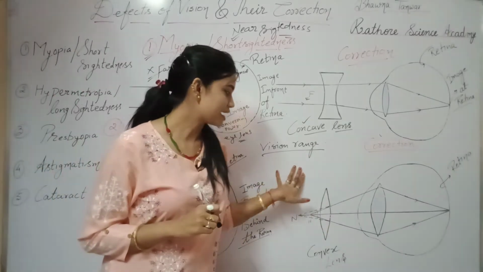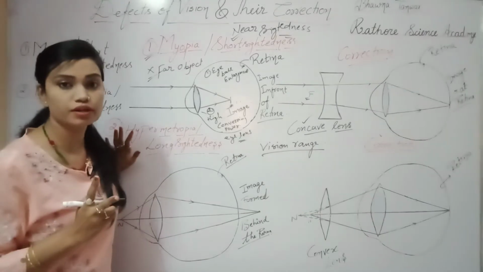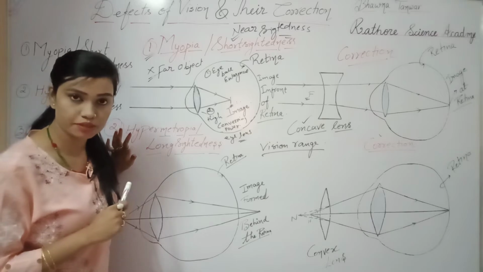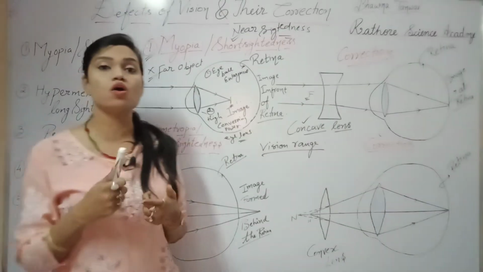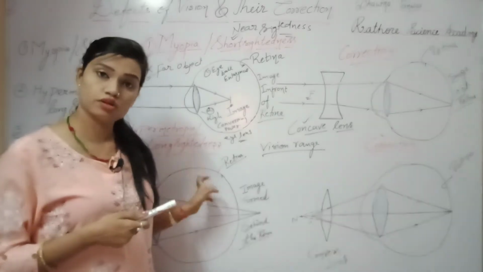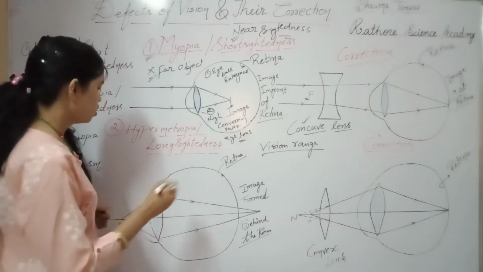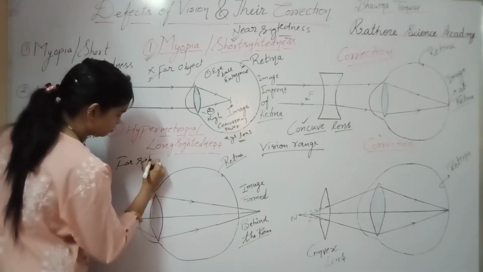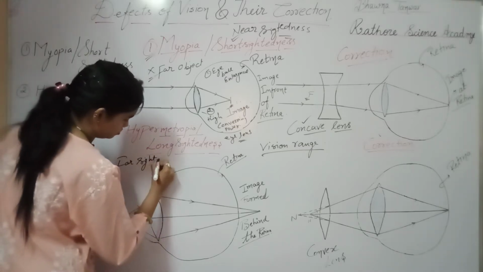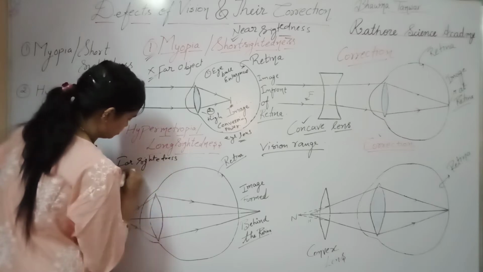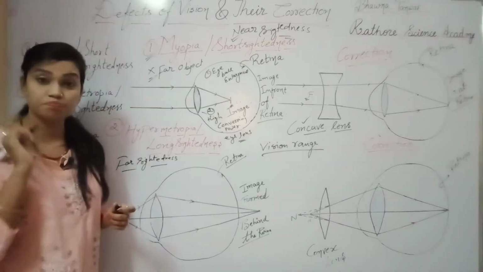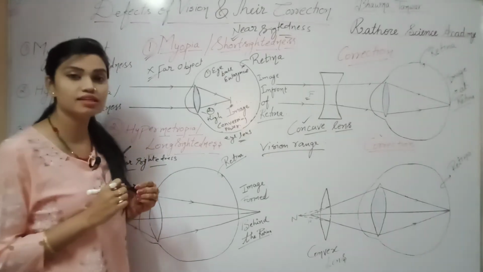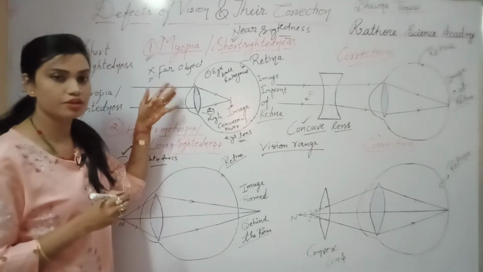So the second defect of the eye is hypermetropia. It is also known as long-sightedness, or one more name, far-sightedness. That means the person is able to see far objects clearly, just opposite to myopia.